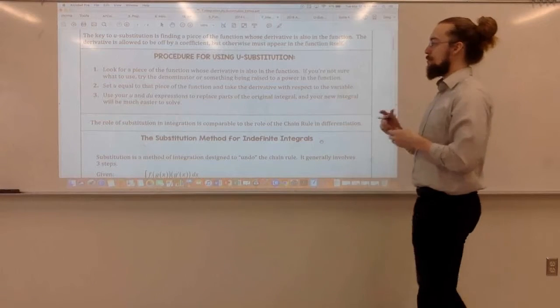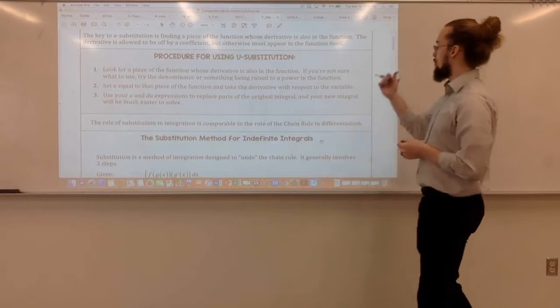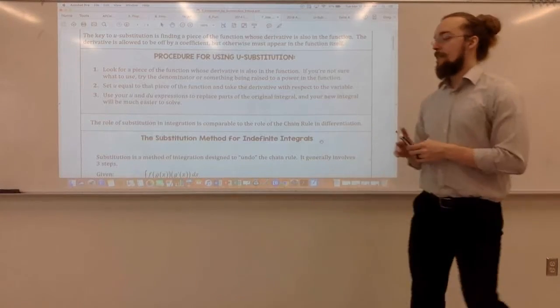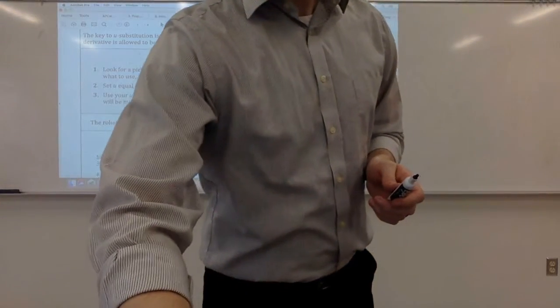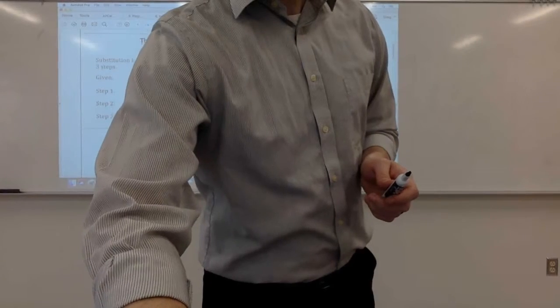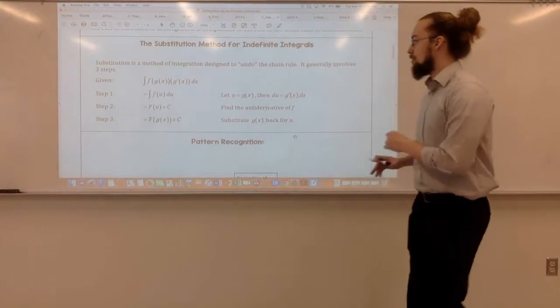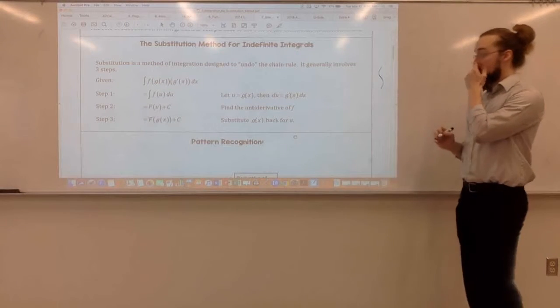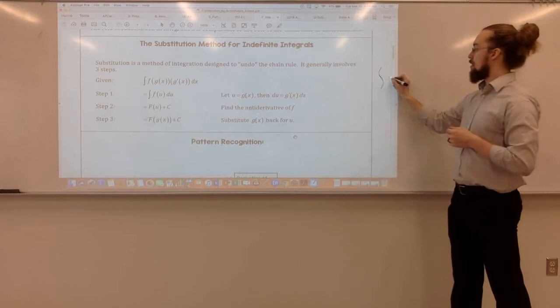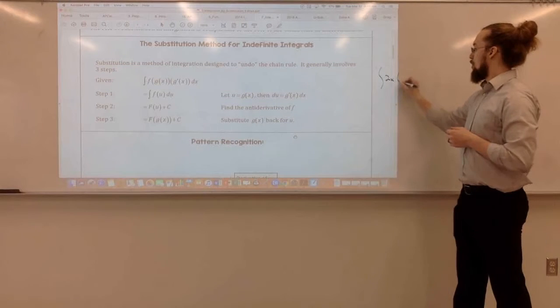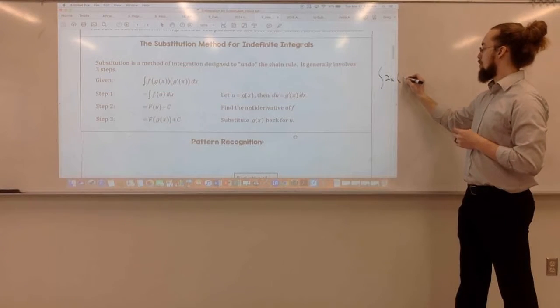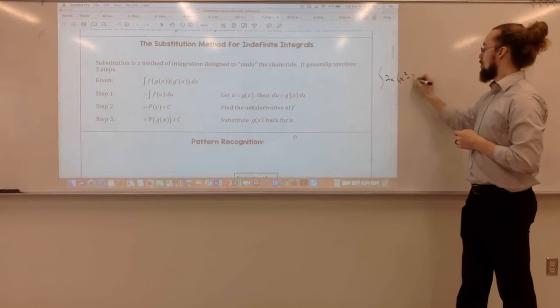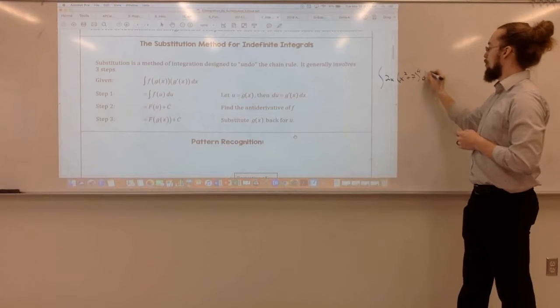I guess I could just make up an example and go through it as we go here. The substitution method. So let's say we're given something like this: 2x times x squared plus 7 to the 4th power.